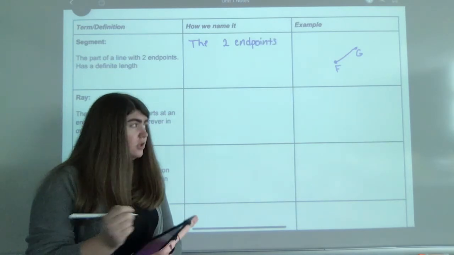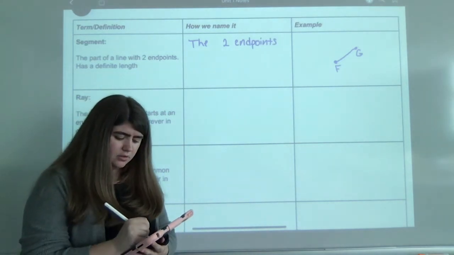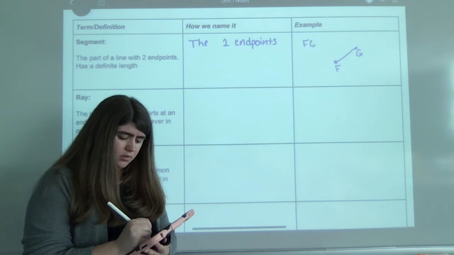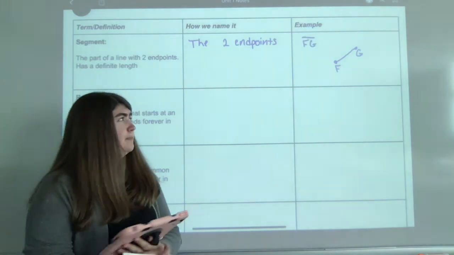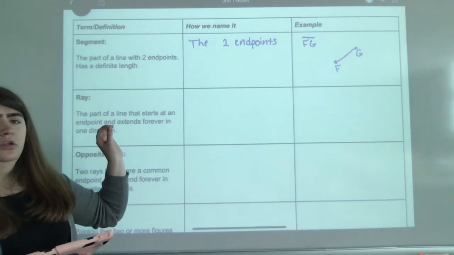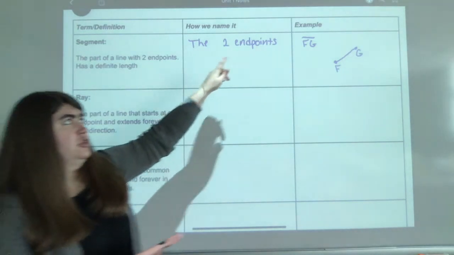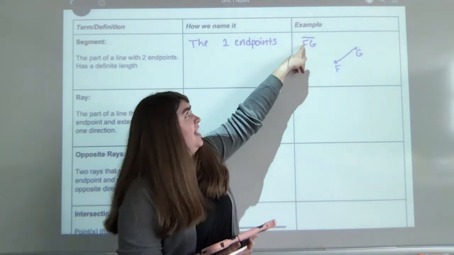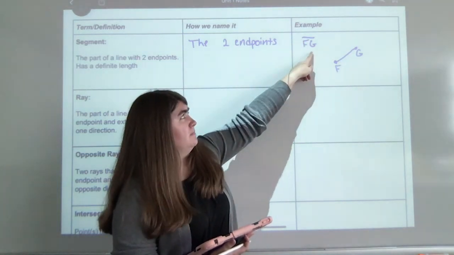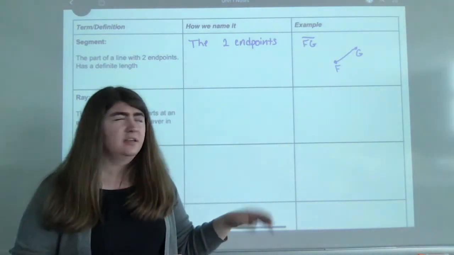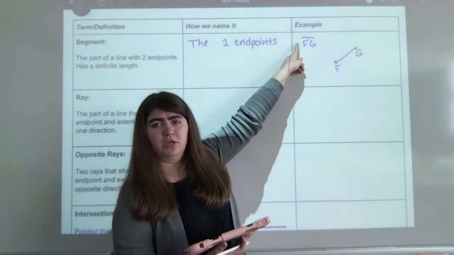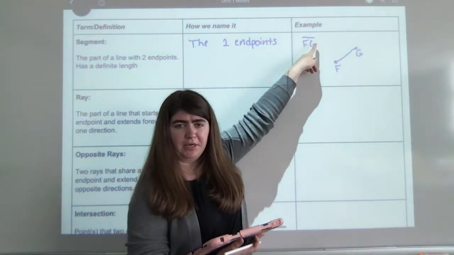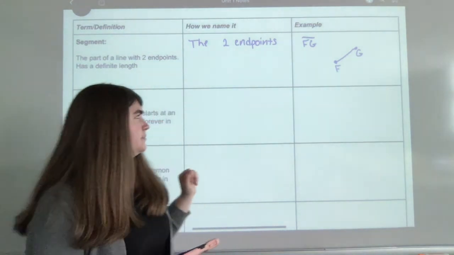And what that looks like is if we take those 2 letters and put them right next to each other, and then draw a bar above them. This time, it's just the bar. So if it's just a bar, this reads as segment FG. If you put the arrows on it, it says line FG. No arrows means segment.